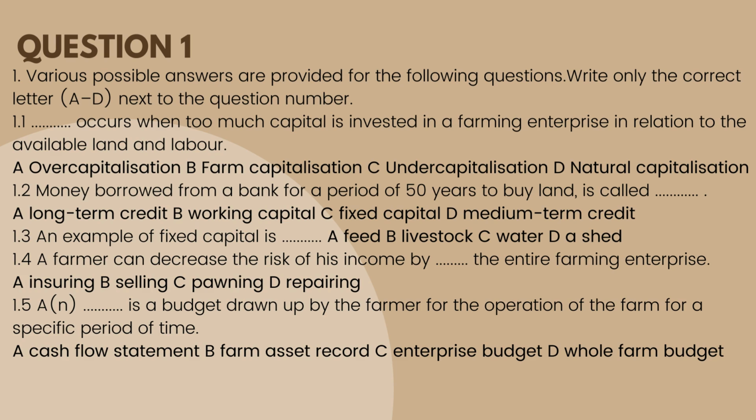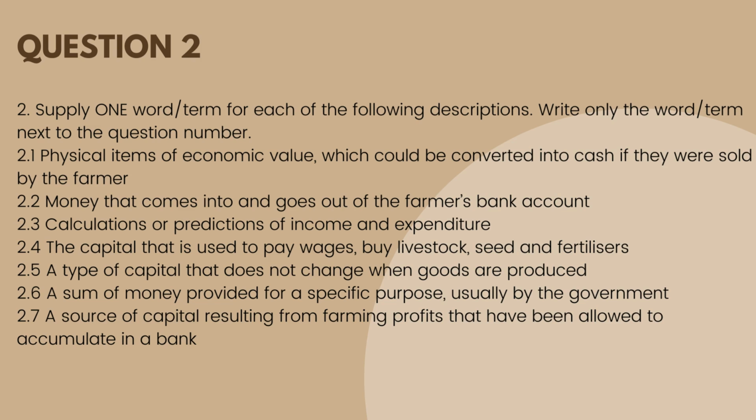Now, this particular budget is drawn up by the farmer for the operation of the farm, right? So A, is it cash flow? I don't think so. Is it a farm asset record? Balance sheet, maybe? Nope. C, is it an enterprise budget? I don't think so, but I think it's the whole farm budget. Right. Okay, tell me what you think, B. Then let's move to the second question.